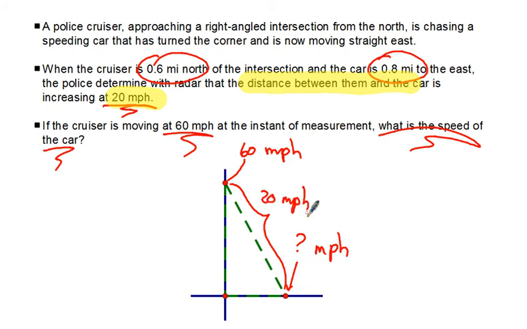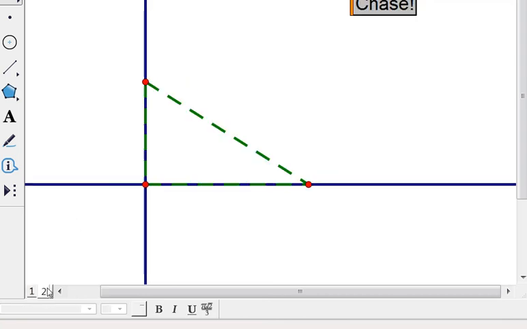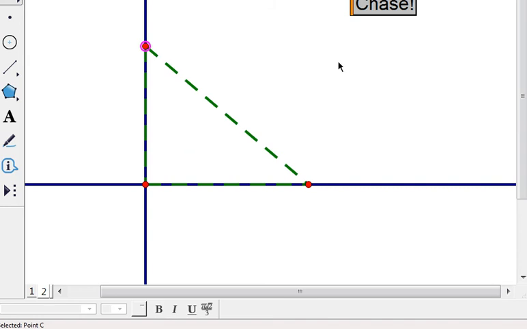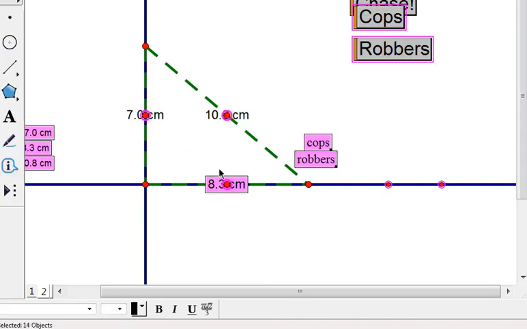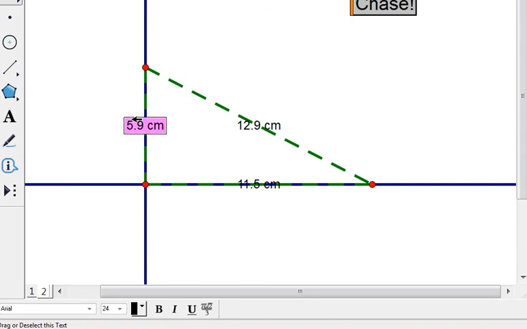Again, it's helpful to have a visual for this, so let me pop over to this. We can observe the chase again right there. Let me bring my labels out. What's going on here is we have that the police car is a certain distance from the intersection.